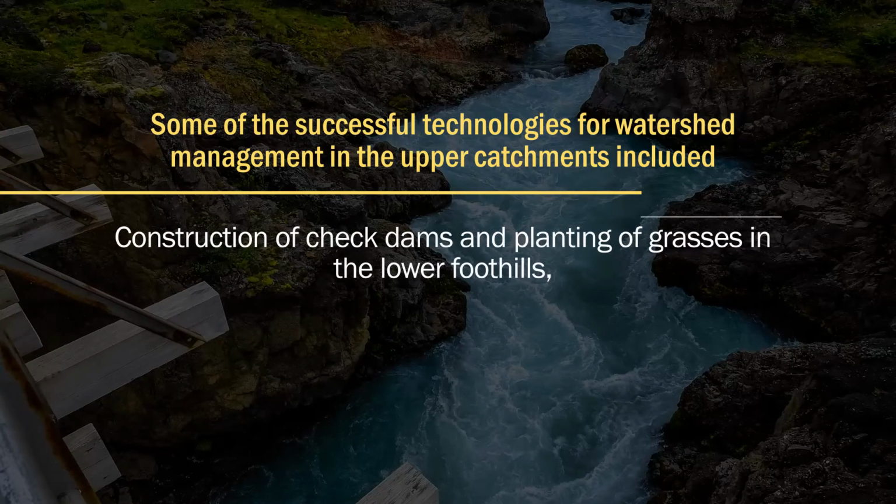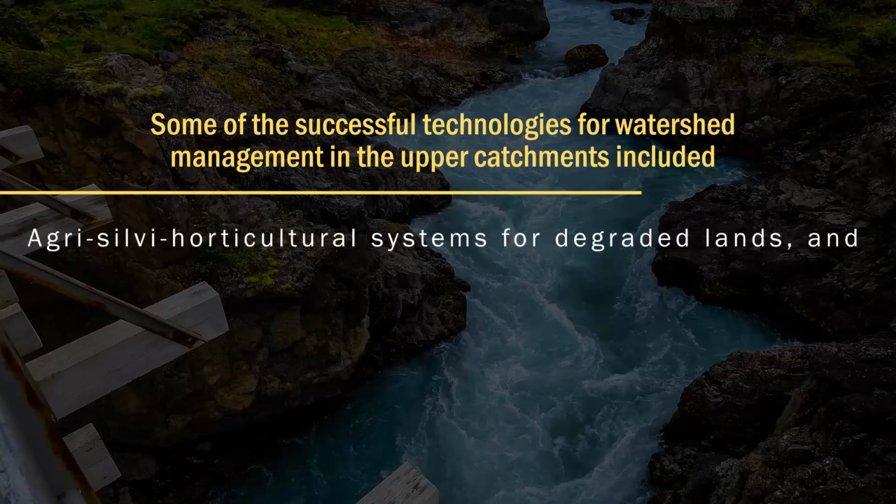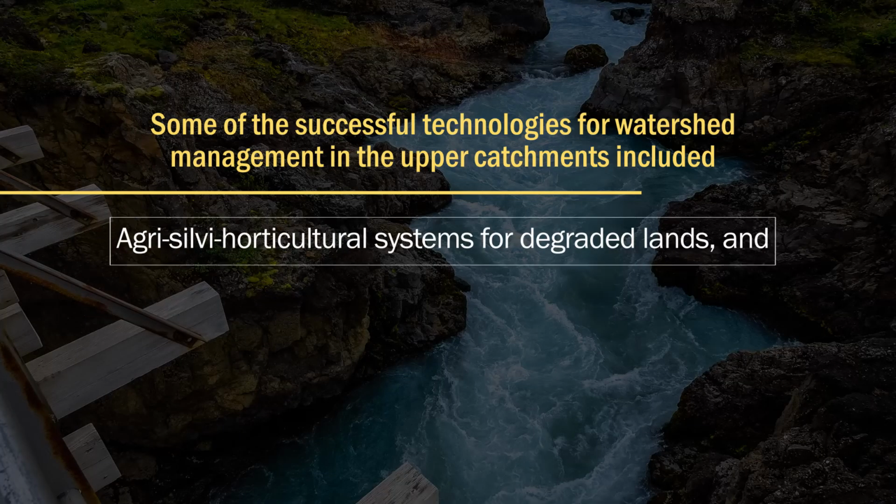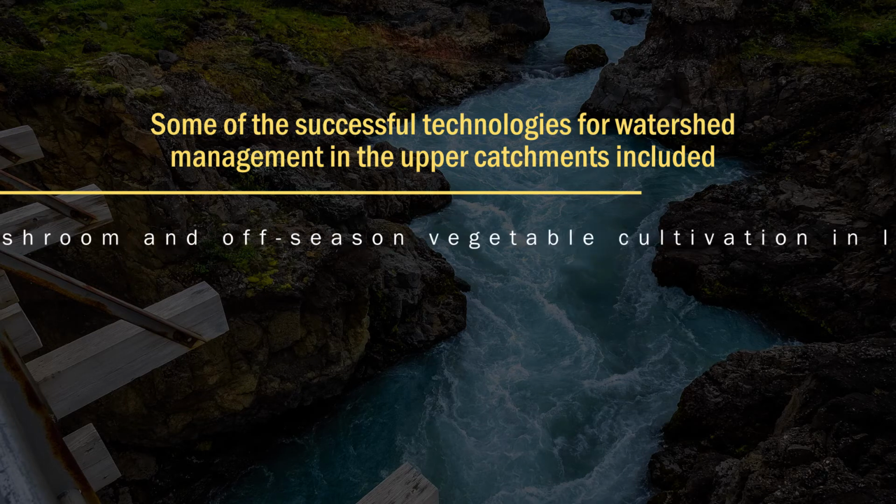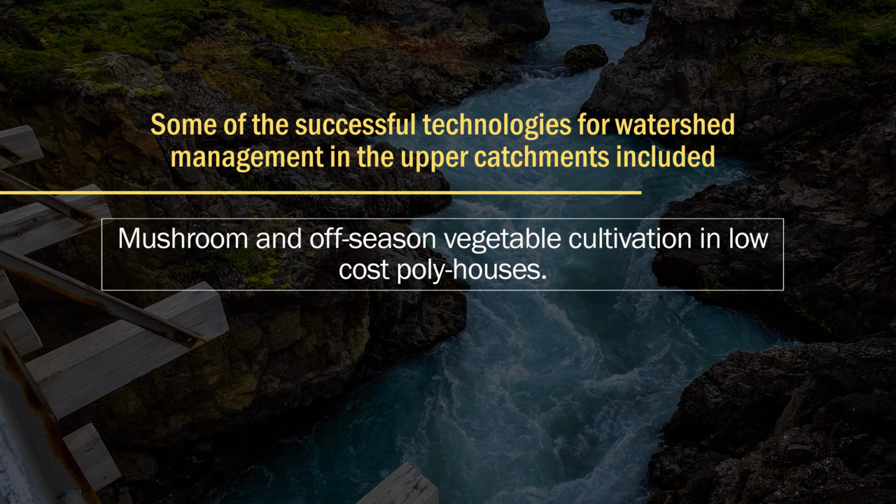Construction of sack dams and planting grasses in the lower foothills is also very common in India. We find these in most of the integrated watershed management approaches in India. Then there are agri-silvi horticultural systems for irrigated lands, and mushroom and off-season vegetable cultivation in low-cost poly houses.